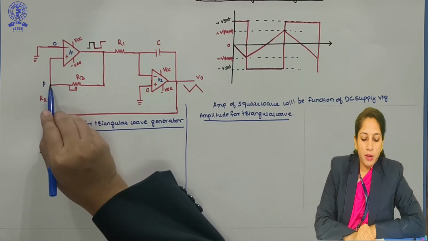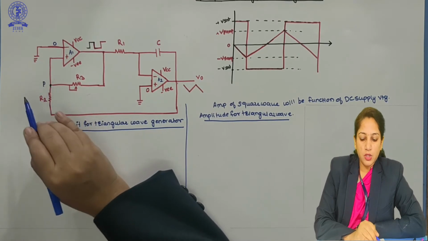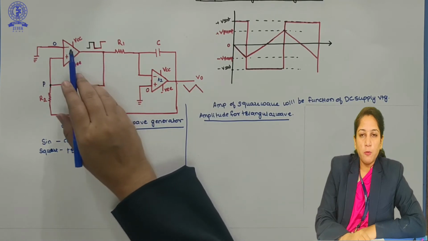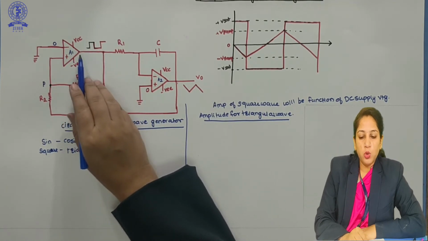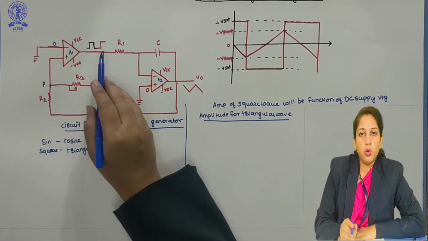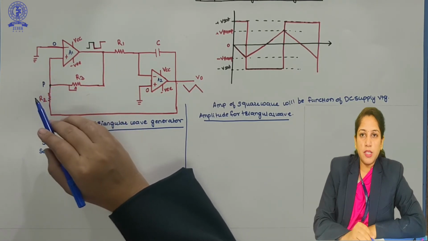So at this point P, I will get a zero value for some time instant before switching the output voltage of the first operational amplifier from positive V saturation to negative V saturation or negative V saturation to positive V saturation. So at that point this voltage will be zero.